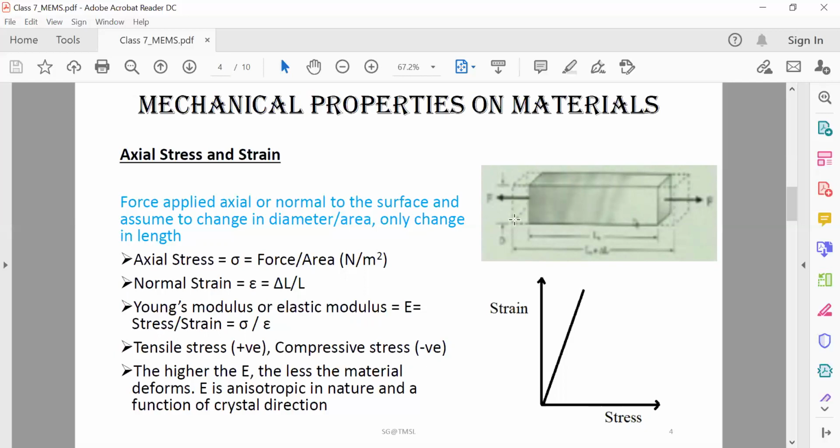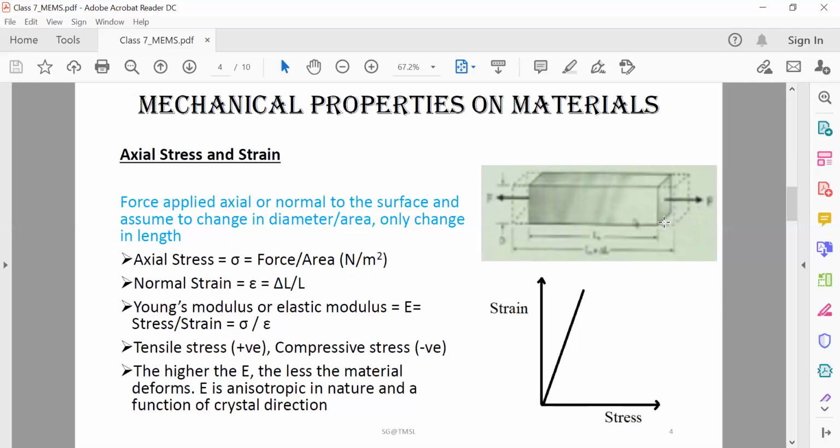We assume that the diameter is not changed. In ideal condition, let us assume the diameter is not changed, but only the length is changed. Now this is known as the axial strain.